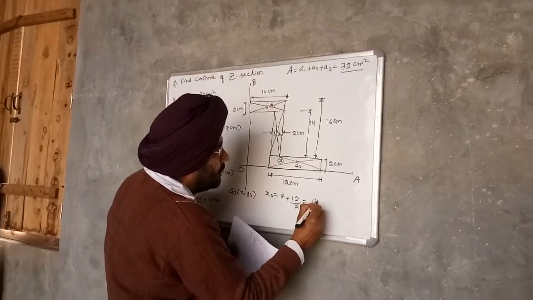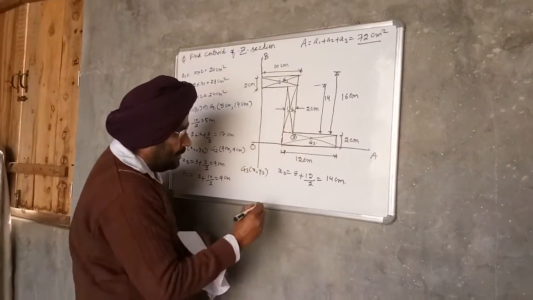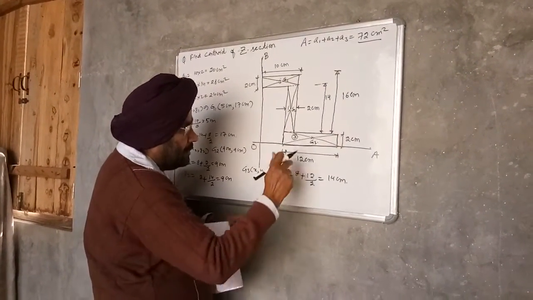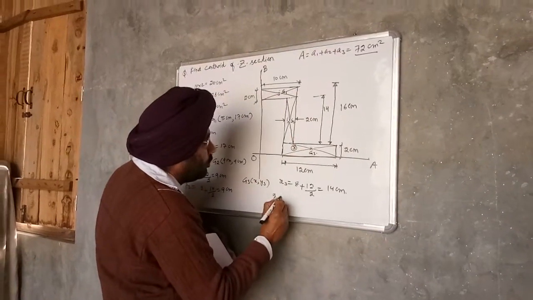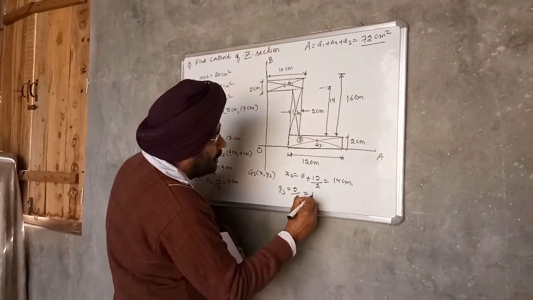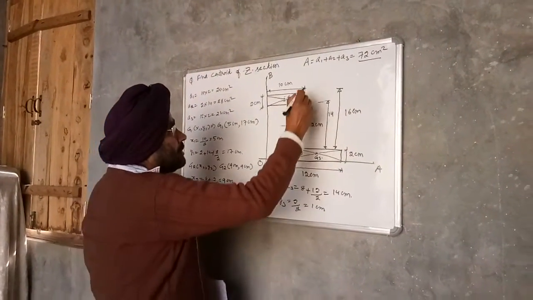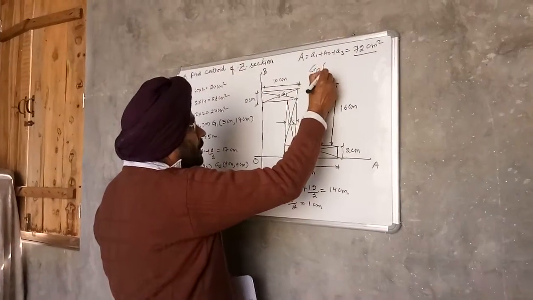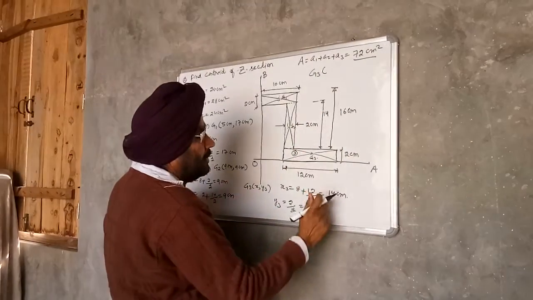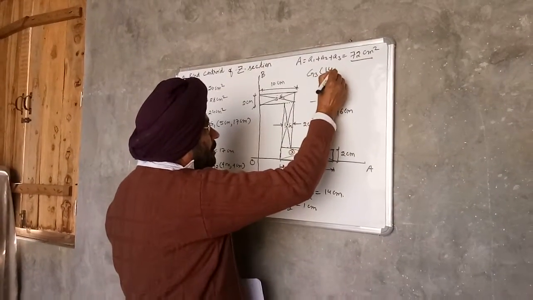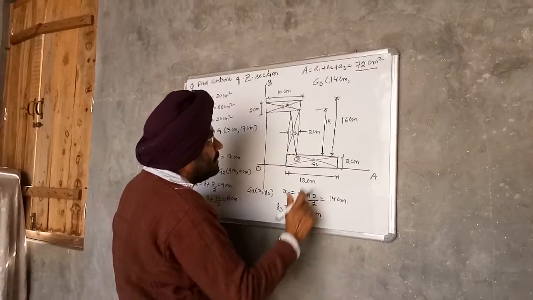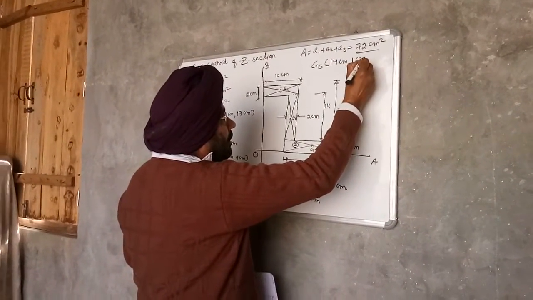So this is 14 centimeter. X3 and y3 is this distance. So this is 2 by 2, 1 centimeter. So G3, X3 is 14 centimeter and Y3 is 1 centimeter.